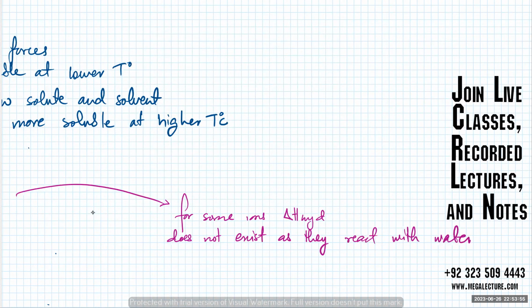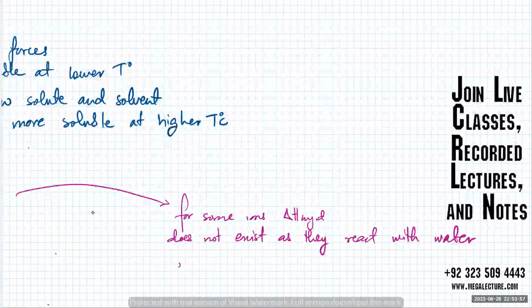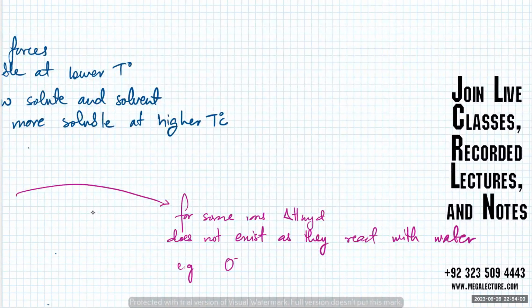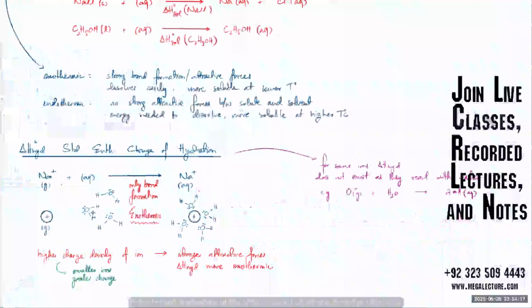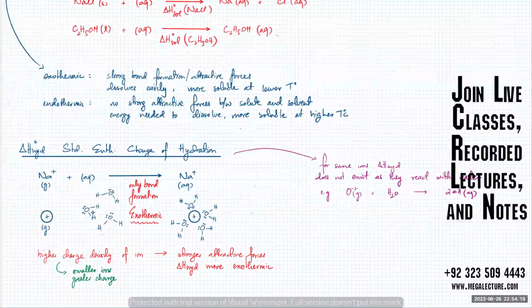One example is the gaseous oxide ion. You mix it in water, it's not going to just mix in water. It would actually react with water to form 2OH⁻ aqueous. So just remember that enthalpy of hydration does not exist for all ions. If something does not dissolve in water but instead reacts, then enthalpy of hydration is not going to exist.